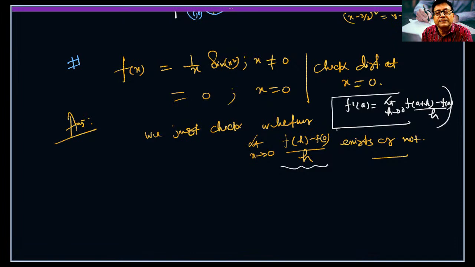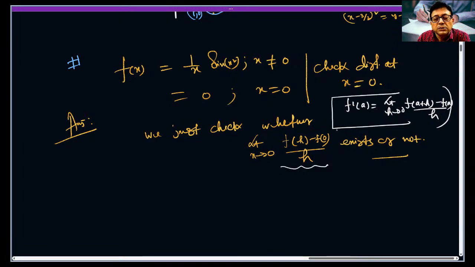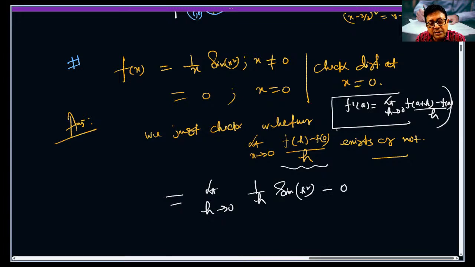So let us find it. This is going to be f(h), sin h square. f(0) is what? 0, they have given. Don't hesitate. This is limit sin h square by h square.